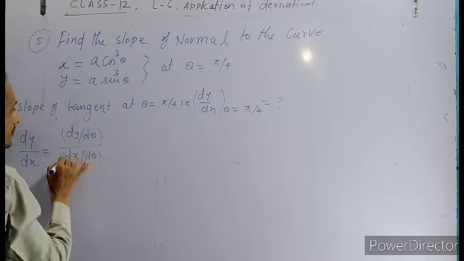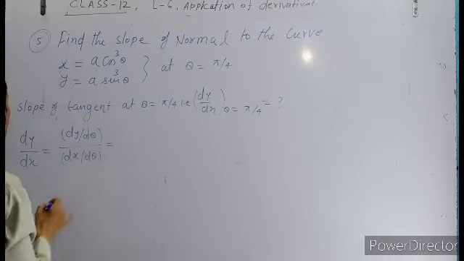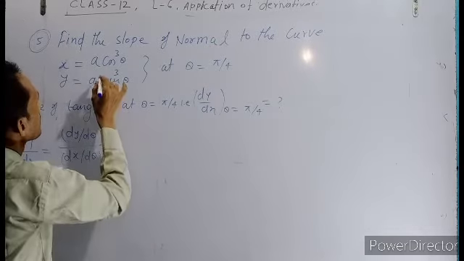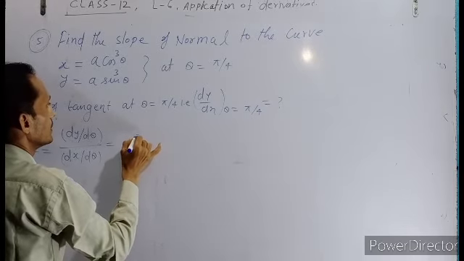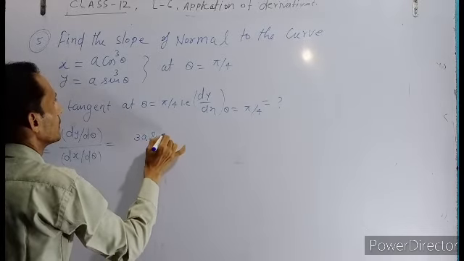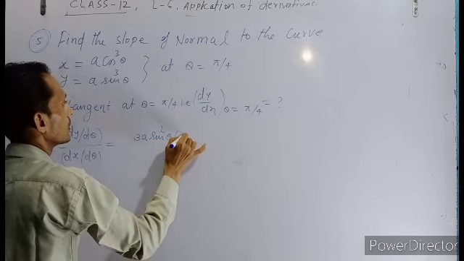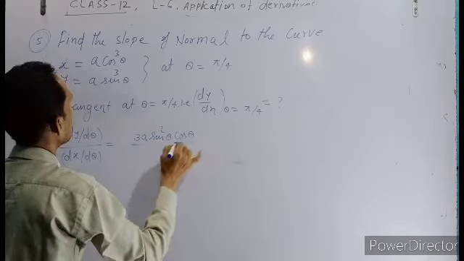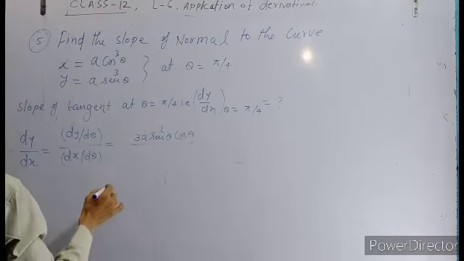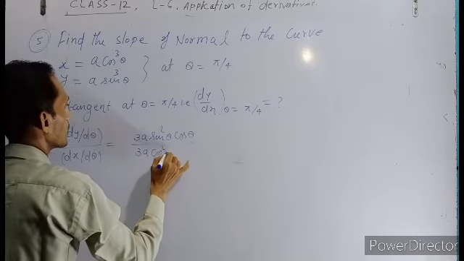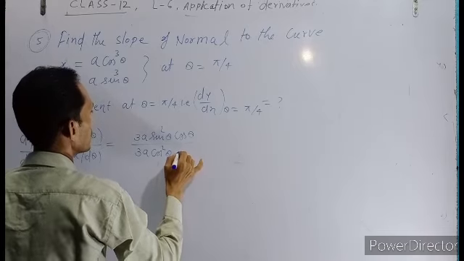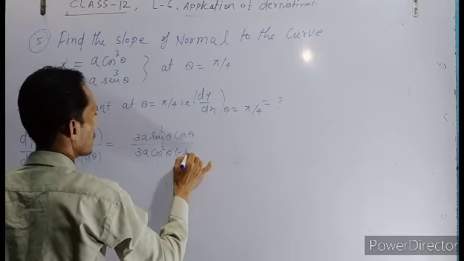dy by d theta is 3a sin square theta cos theta, and similarly dx by d theta is 3a cos square theta into minus sin theta.